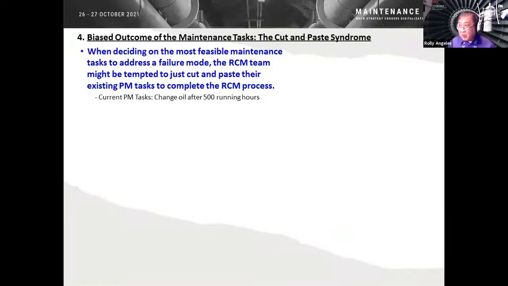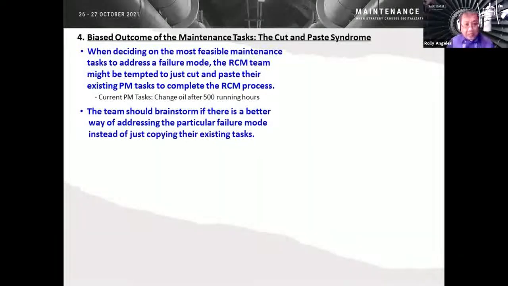Okay? So, for example, we have a preventive maintenance task that indicates we need to change the oil every 500 running hours. Now, what we need to do when we are performing RCM is to challenge the team if there is a better way of doing the task compared to what we have been doing previously in our current preventive maintenance.